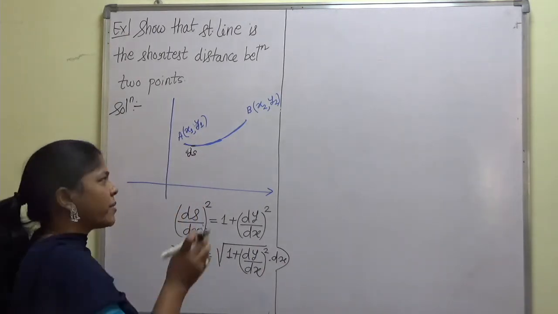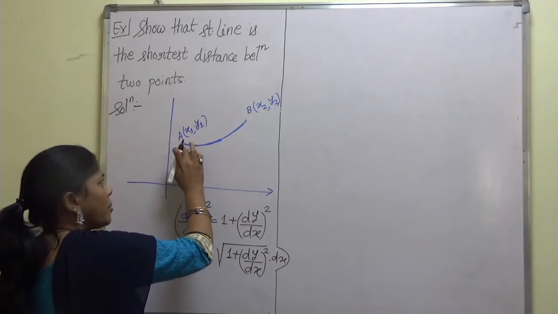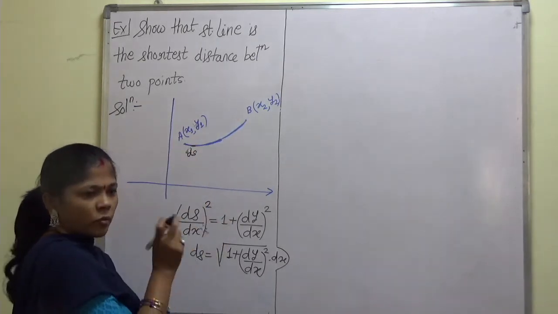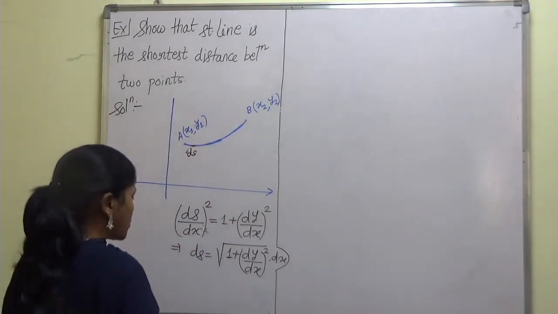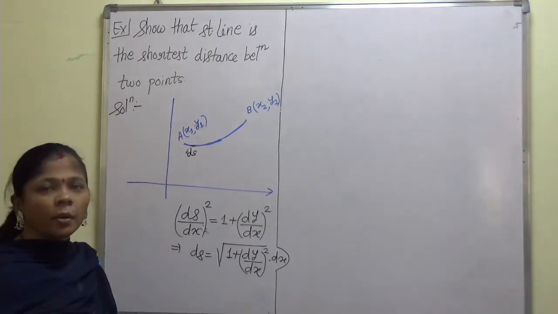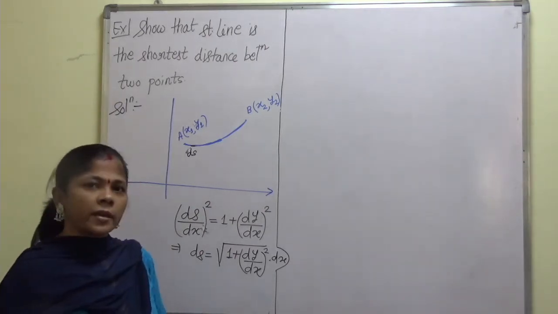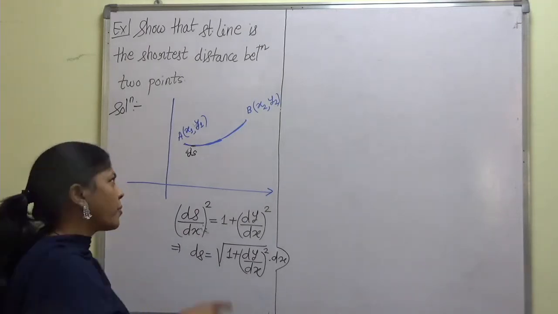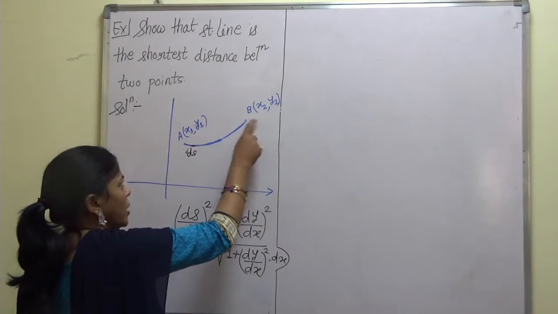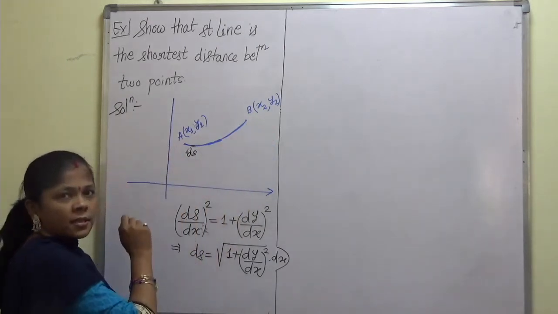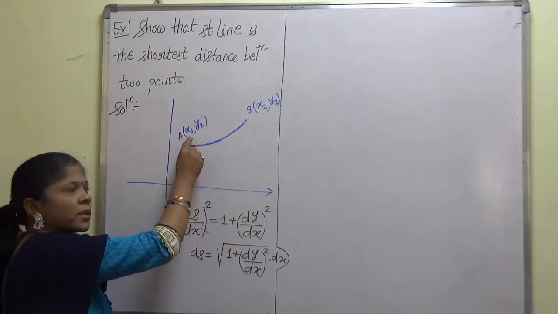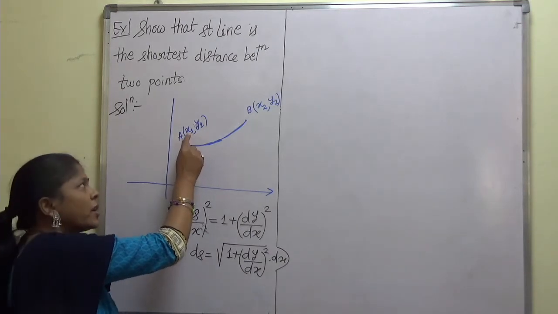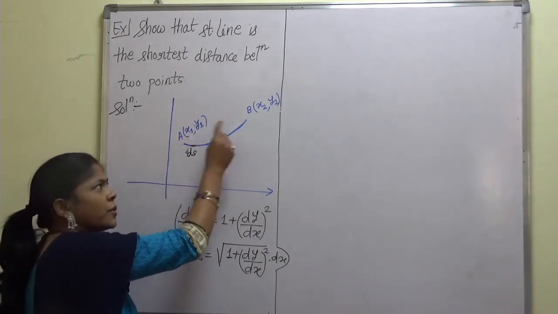Such arc length we will add, right from A to B. So what will be the total length between the 2 points A and B? That is nothing but integration of all such arc lengths from the point A to B, and it is traveling along the x-axis. That's why the limits of integration will be nothing but x1 to x2.